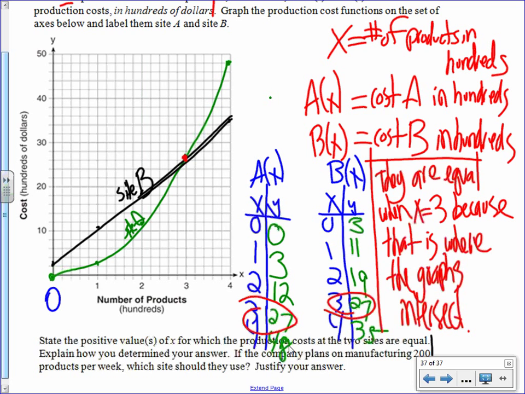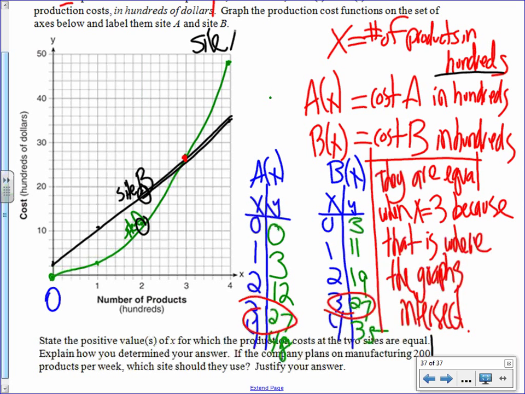If the company plans on manufacturing 200 products per week, which site should they use? Well, remember, x is in hundreds, so 200 is really 2. Which one's better? If they're going to be manufacturing 200, do they want to pay more or do they want to pay less? They want to pay less.